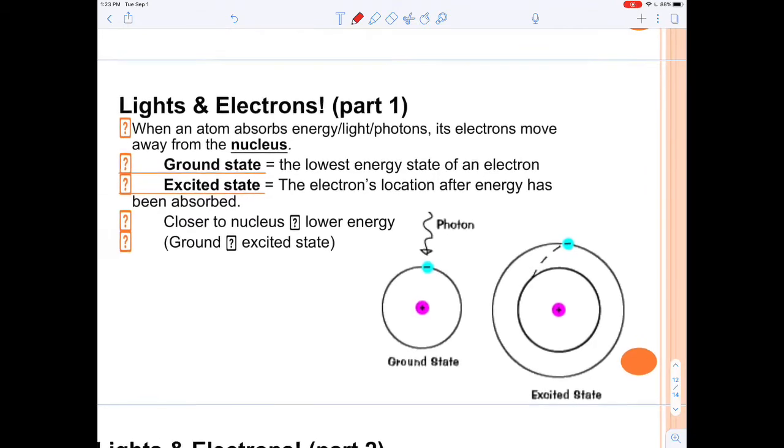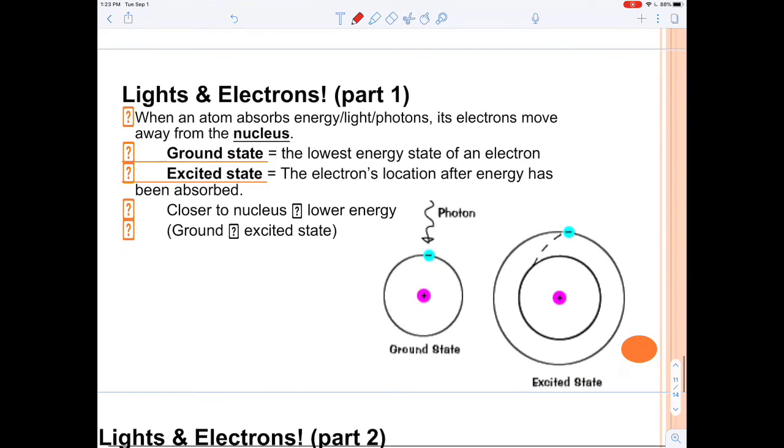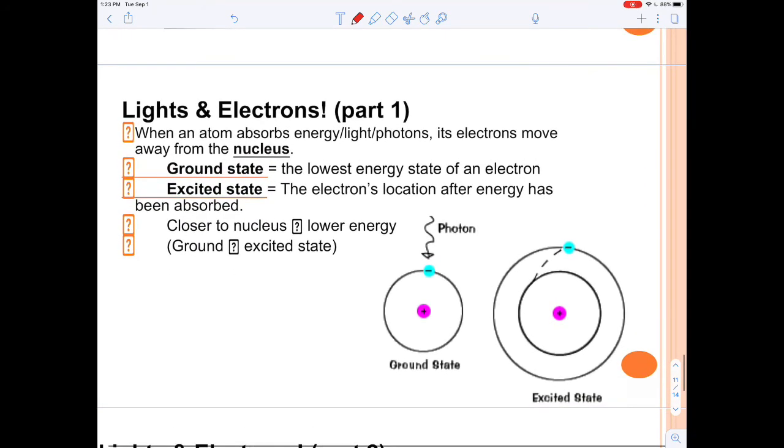Okay, so this is going to be important. We're going to talk about how light is produced, and we'll use two slides here. So when an atom absorbs energy, light, or photons, its electrons move away from the nucleus. So we start in the ground state, which is low energy. And then we're going to move to the excited state.